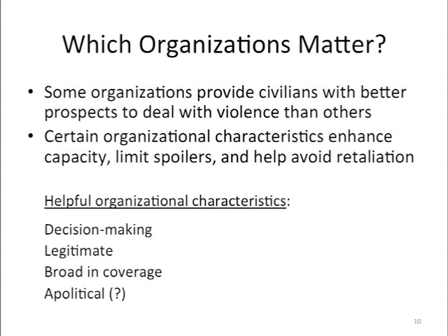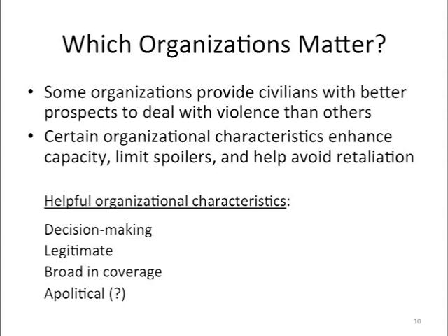Third, the breadth of coverage of these organizations is very helpful. So to the extent that they are all-encompassing of the residents in their community or in their region, it helps to limit spoilers and be more inclusive, so that individuals don't feel excluded from a particular decision-making process and therefore might feel the urge to defect to aid armed groups.